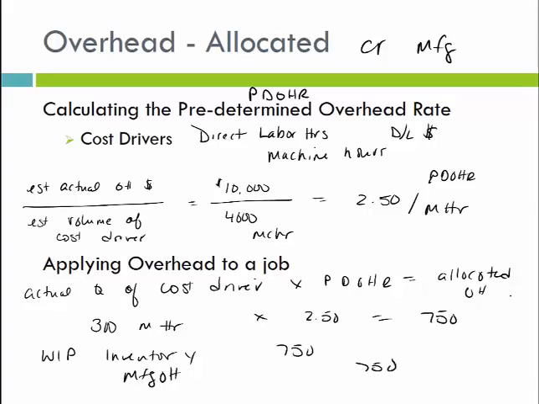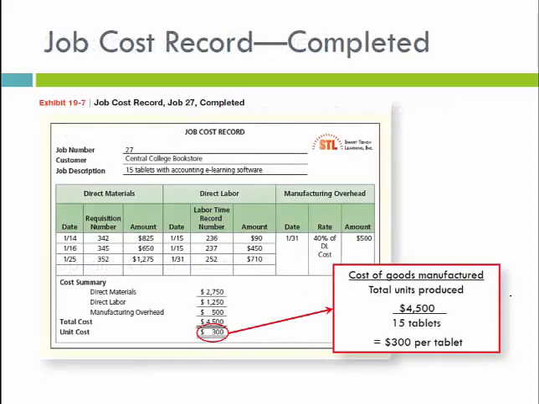And so what goes into the job, so when we look at our job cost record here, what goes into the job is the allocated or the applied. I kind of say allocated and applied interchangeably. They're really the same. So this is what goes on the job cost record. What goes into work in process is the applied. That's what goes into your work in process, not the actual.